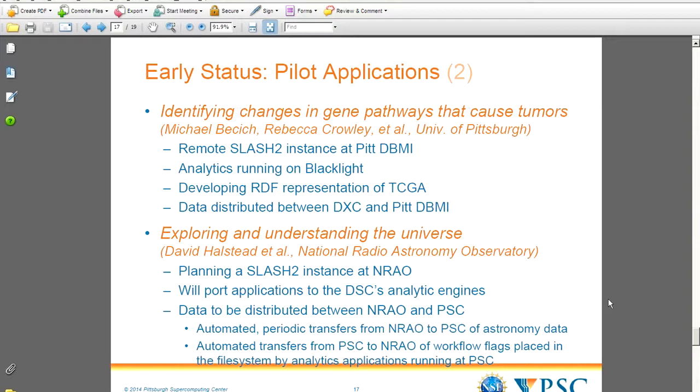We're planning a /2 instance at NRAO, where they would, on probably a daily basis, deliver the previous day's observations to PSC. Analytics would be run on Blacklight or other engines. What they call workflow flags would then be placed back into the file system in /2 for migration back to NRAO, and those are the way they currently manage their workflow, to see where things stand, and to see what analysis products are available for subsequent science.